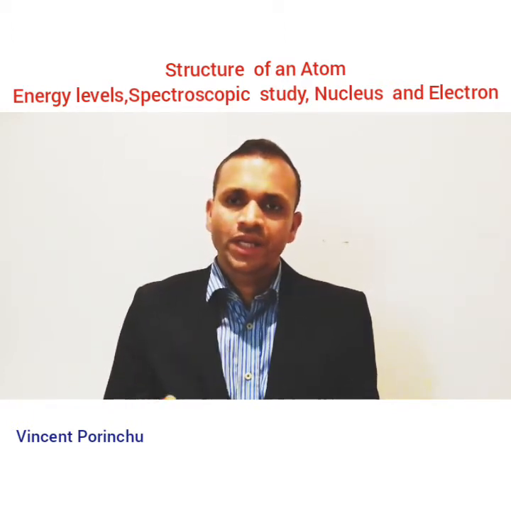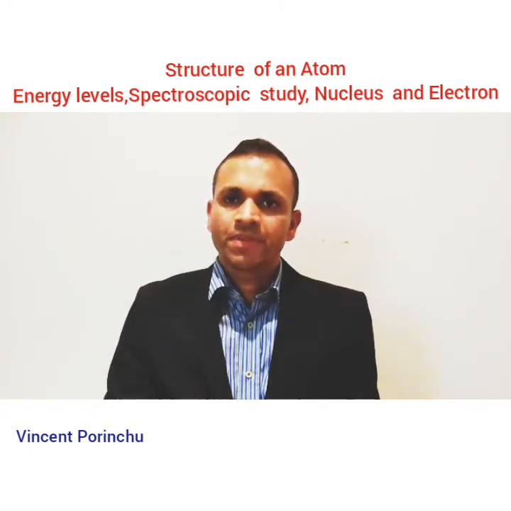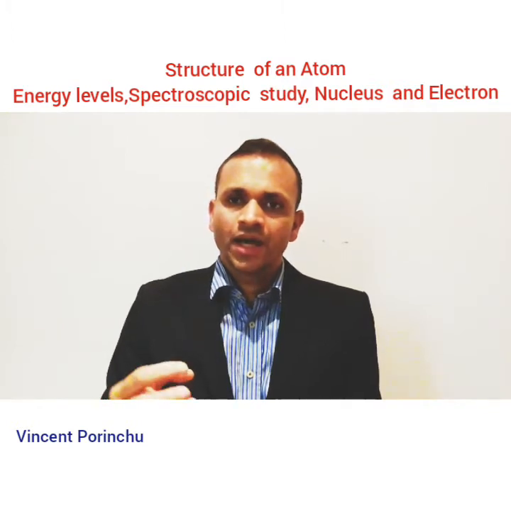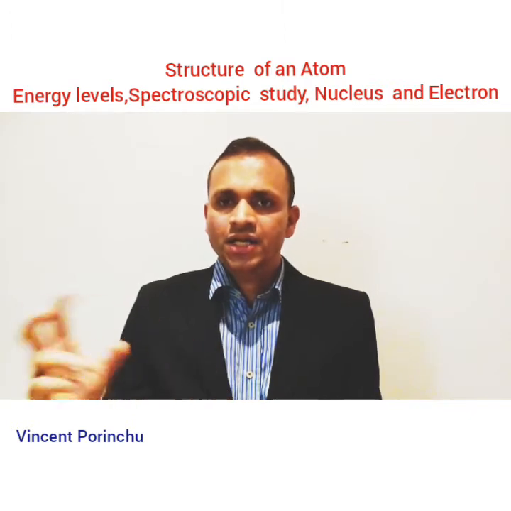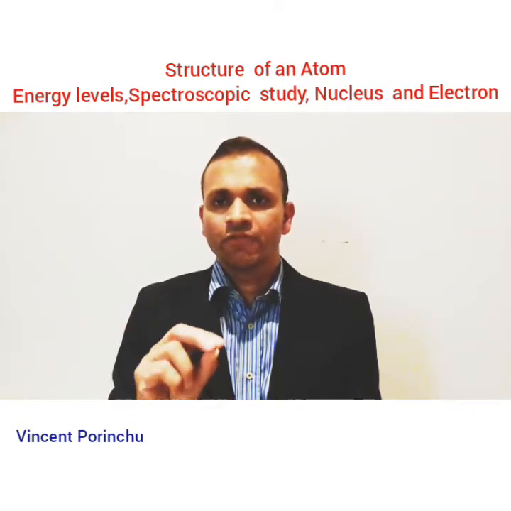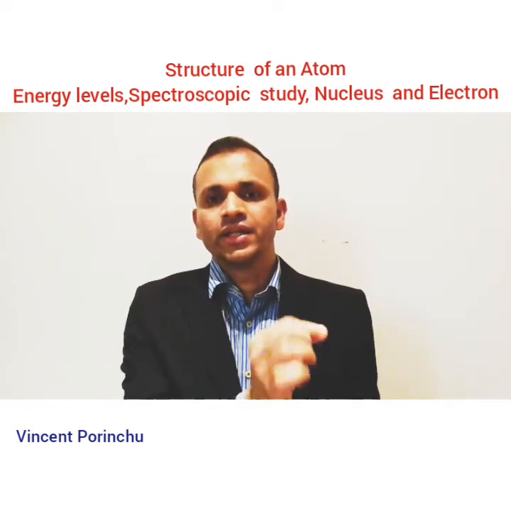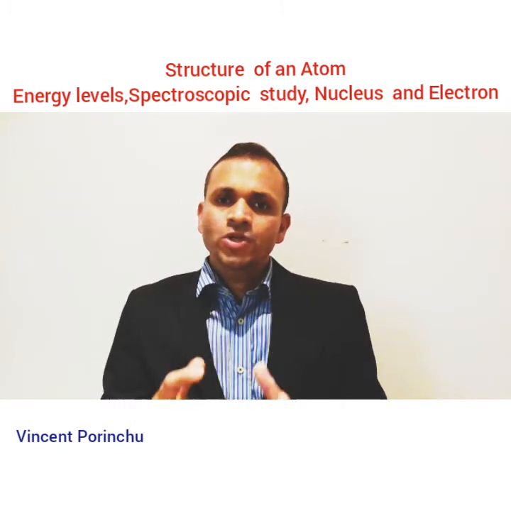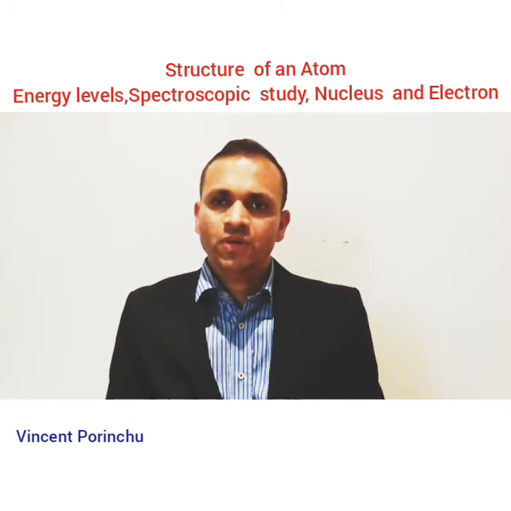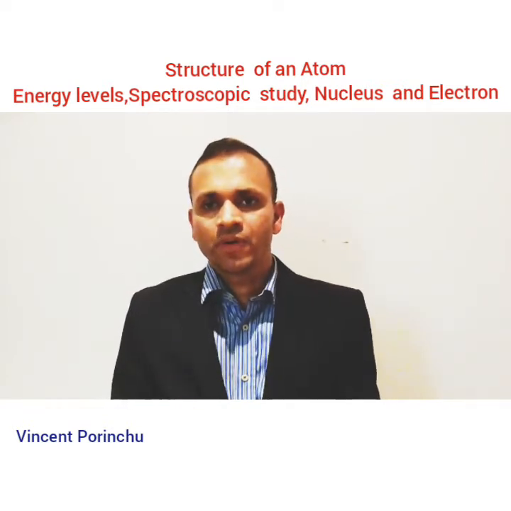The same way in absorption spectroscopy, if the electron absorbs a particular amount of energy and goes to a higher level, this transition of the electron from one place to another shows another line in the absorption spectroscopy. So absorption spectroscopy and emission spectroscopy give a detailed idea about the energy levels in an atom.